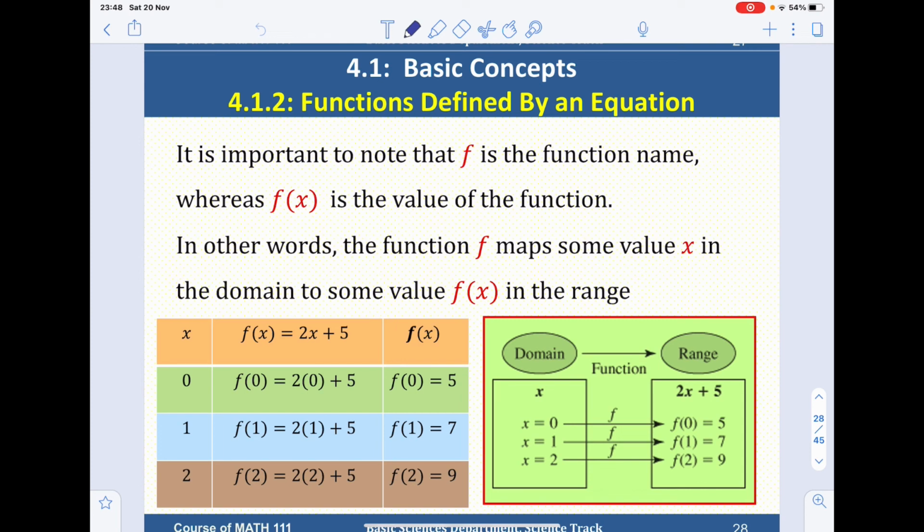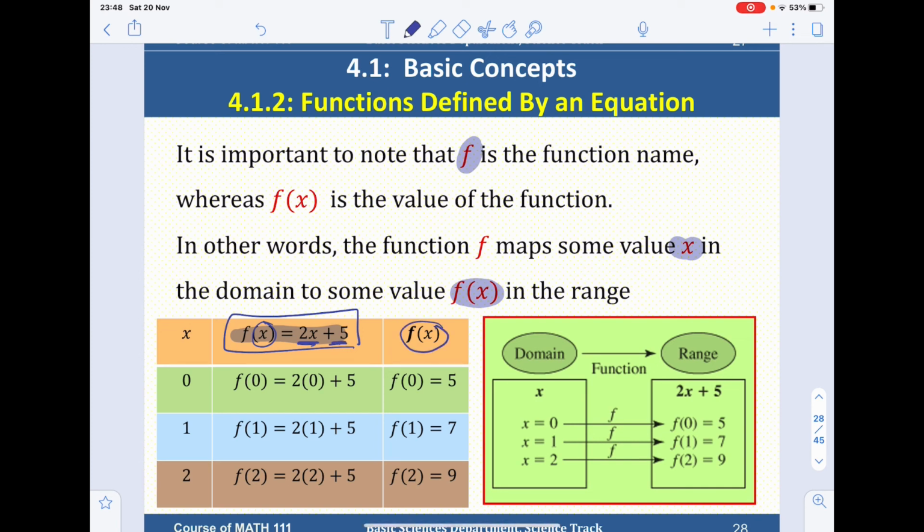When we write the function as an equation, for example f of x equals 2x plus 5, we need to know that f is the name of the function, and the rule of the function takes each value x in the domain to f of x in the range. For this function, we take each value x, times it by 2, then add 5. So we get f of x.